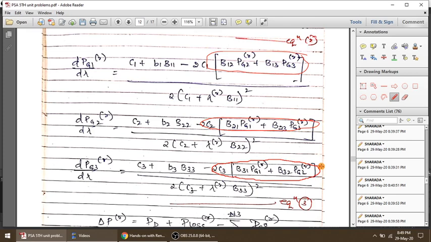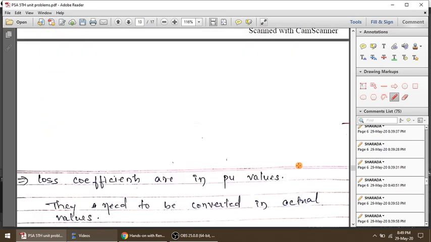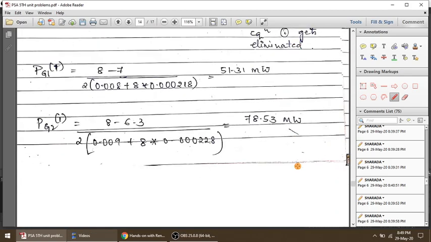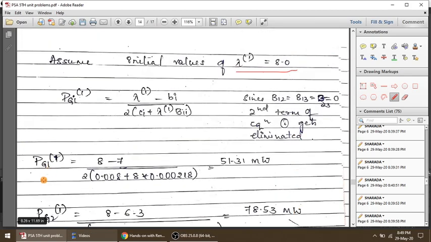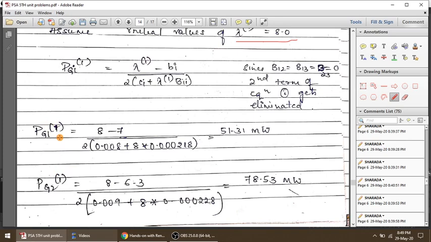So the resultant of this term will be 0, and this entire third term is eliminated, which is not required. That is the reason why we are not calculating Pg1 of 0. The 0th iteration power output is not calculated. Clear? So we will straight away start with Pg1 of 1, that is the first iteration.